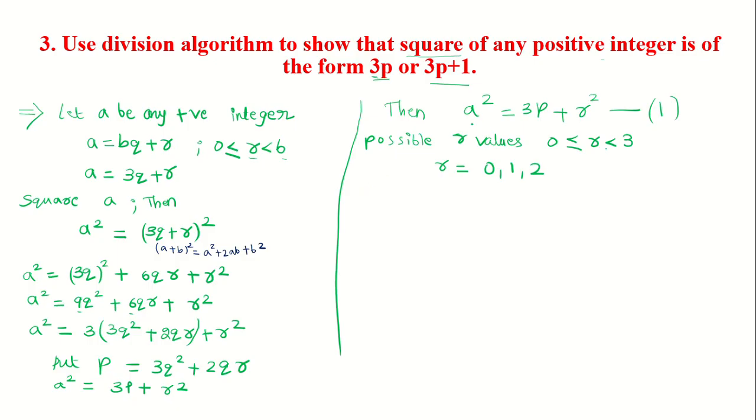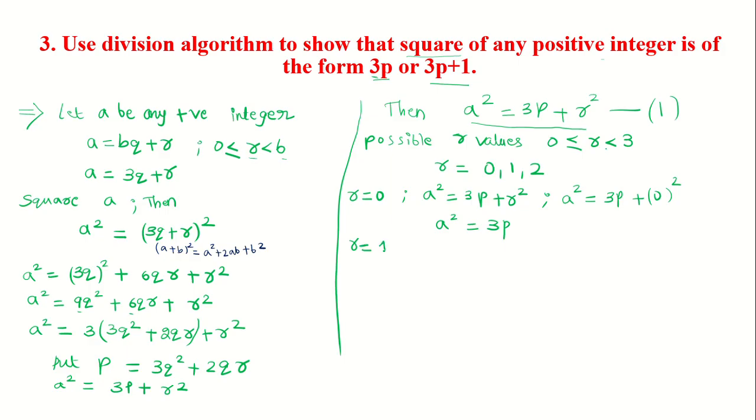So what is the equation we have? a square equals 3p plus r square. When r equals 0, we have the equation a square equals 3p plus r square. If you substitute r equals 0 in this, what you'll get? a square equals 3p plus 0 square, which is a square equals 3p. Okay, this is the first one when we substitute r equals 0.